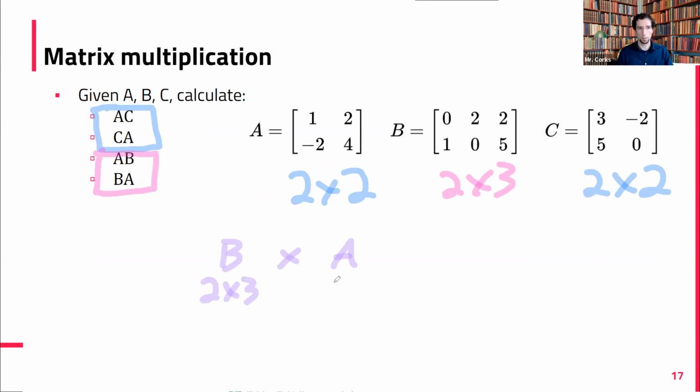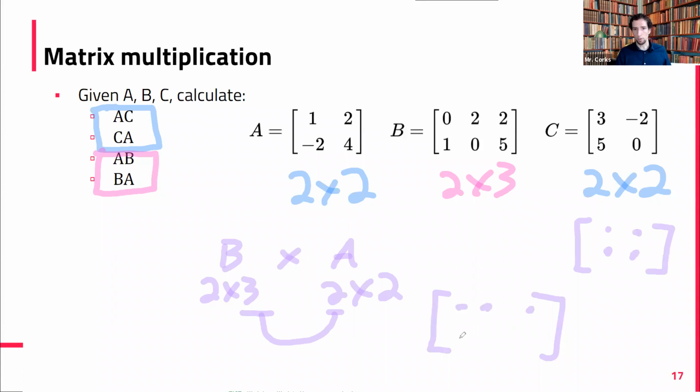B is 2 by 3 and A is 2 by 2. And we noticed, okay, well, the first value would be multiplied with the first value there, second value there, great.